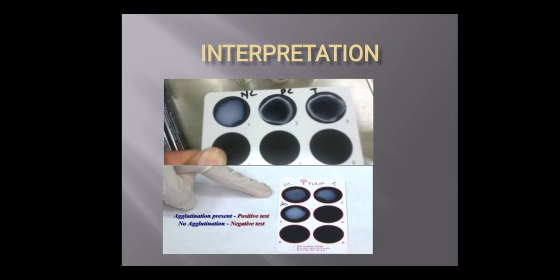The main clinical significance of this CRP is that a high level of CRP in the blood is a marker of inflammation, and it can be caused by a wide variety of conditions, from infection up to the extent of cancer.